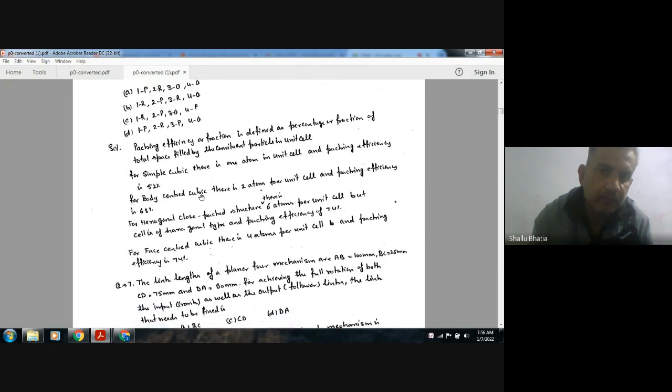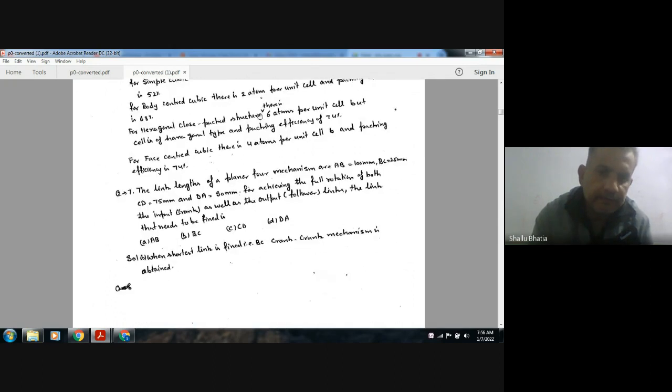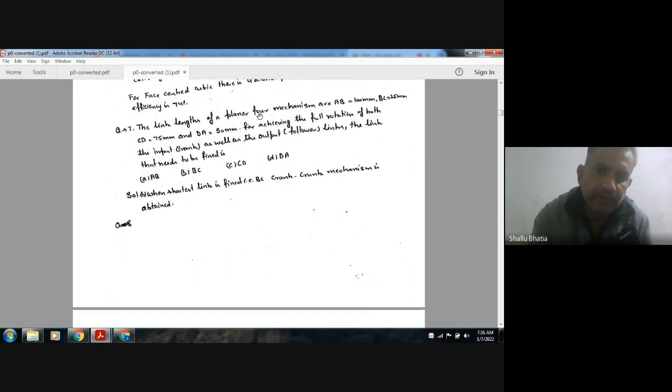For simple cubic, the cell edge is 1 R, so there is only one R. So the answer is 2P, 2P, 3UF, 4P.